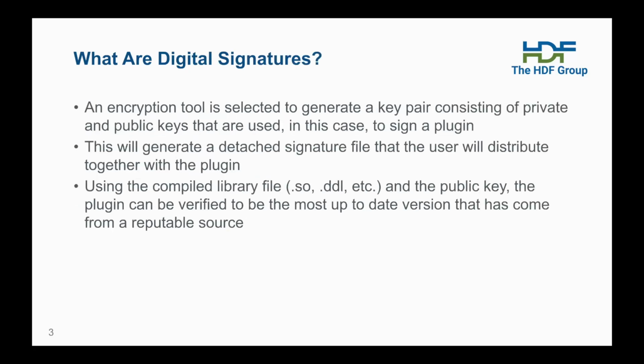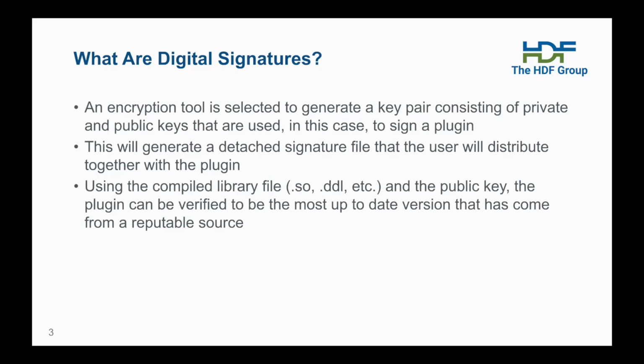And then I will also define what digital signatures are. In this case, an encryption tool is selected to generate a key pair consisting of private and public keys that are used to sign a plugin. This will generate a detached signature file that the user will distribute together with the plugin, as well as with their public key.